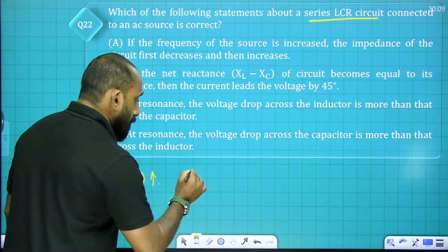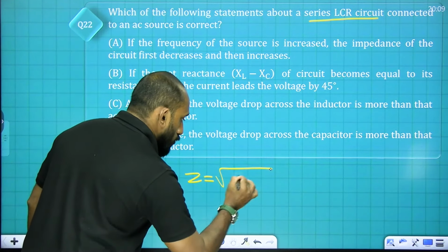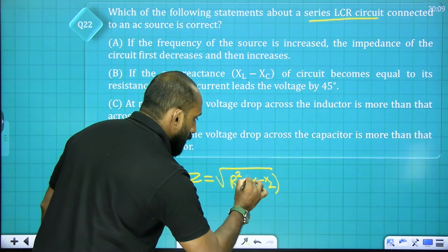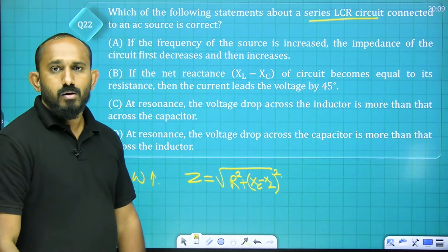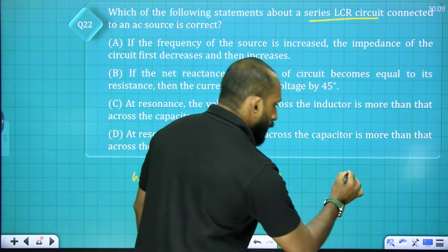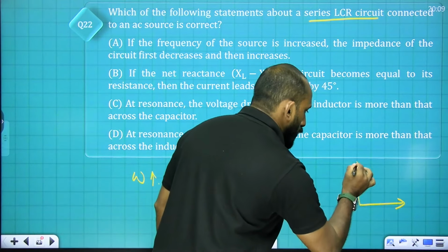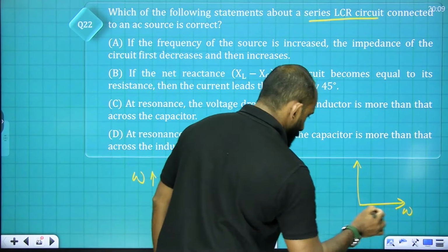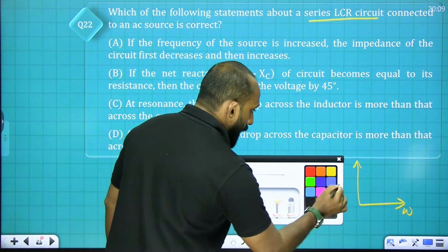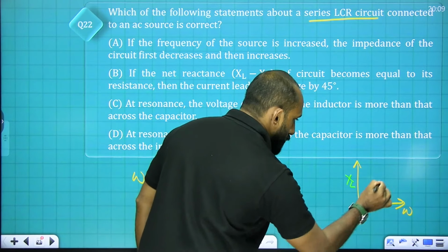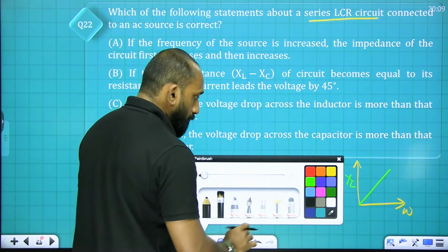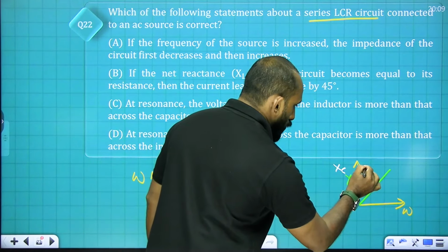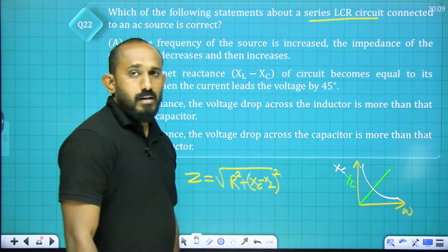You know, the impedance Z is equal to root of R square plus (XC minus XL) the whole square. If you plot the graph with omega, XL will be a straight line, and XC will be a decreasing graph.